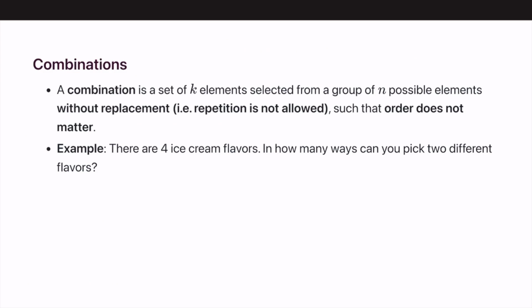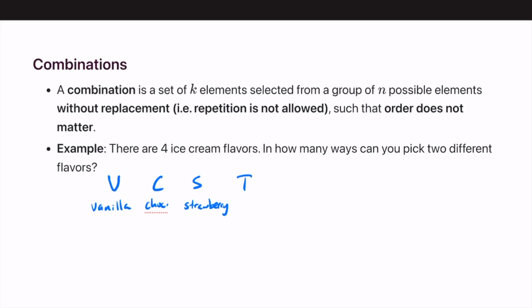So let's assume we have our 4 ice cream flavors, and you always have to have vanilla, and you always have to have, why not, chocolate, and strawberry is another famous flavor.